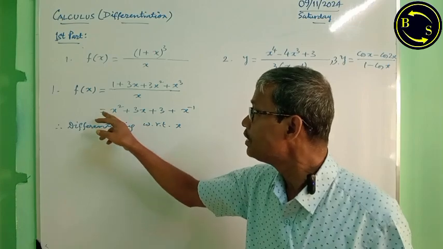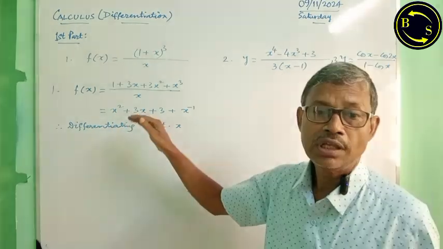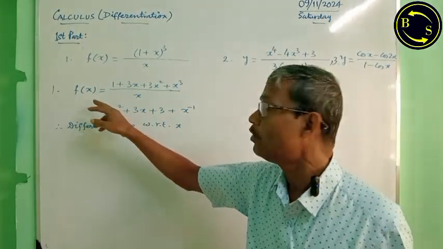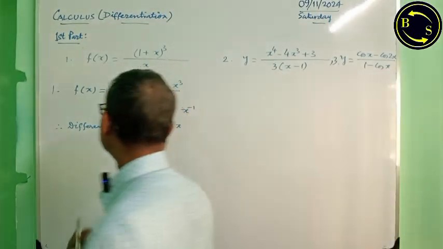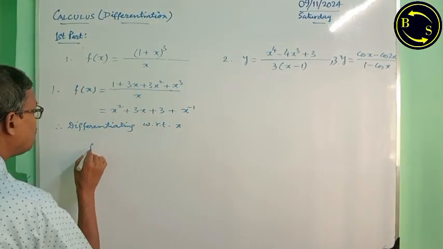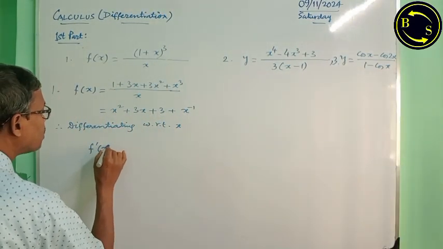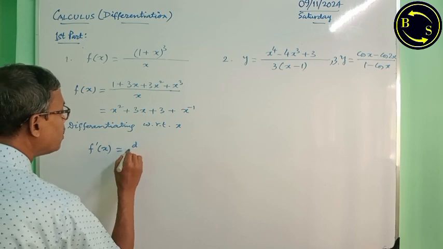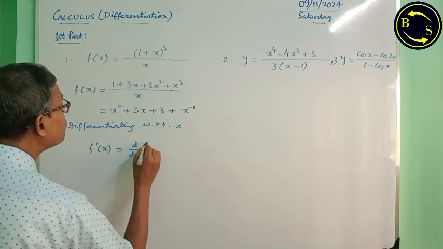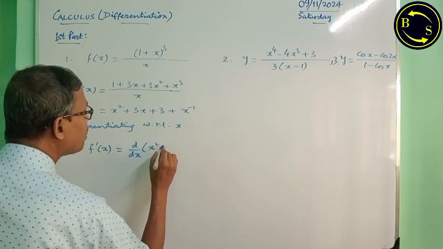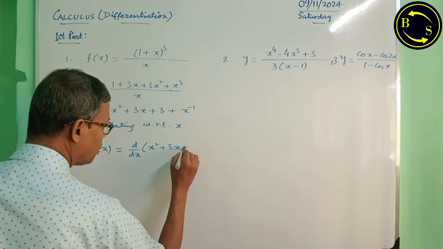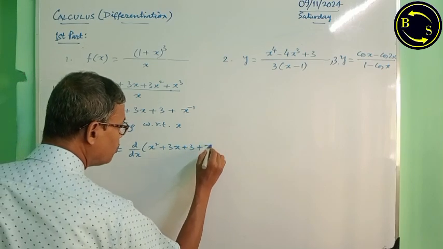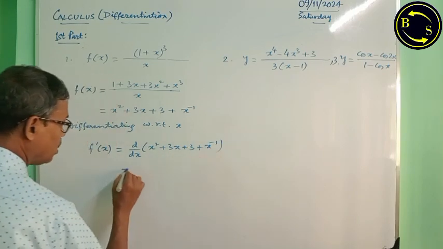Better you mention this before taking the derivative of f(x). Then left hand side will be f dash x, and this one will be d/dx of x square plus 3x plus 3 plus x to the power minus 1.